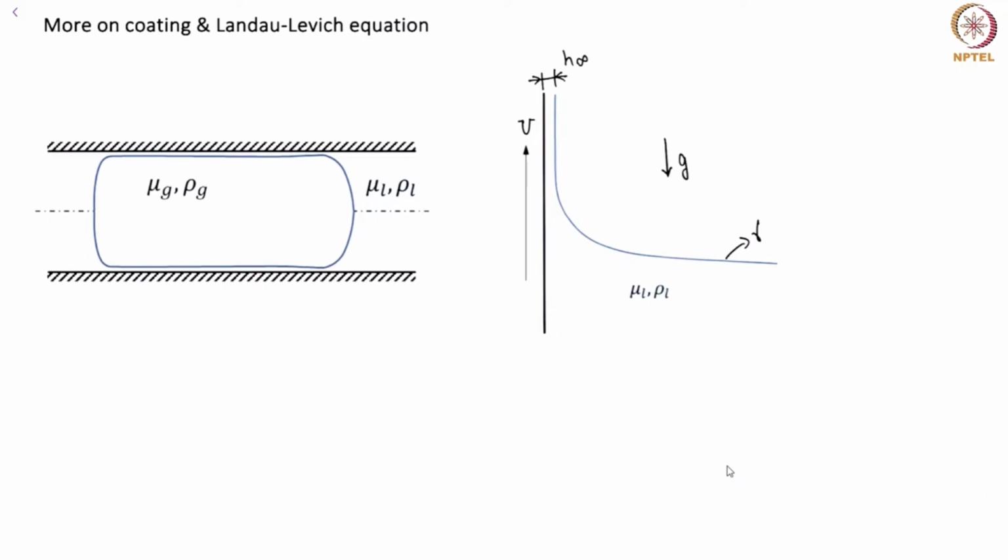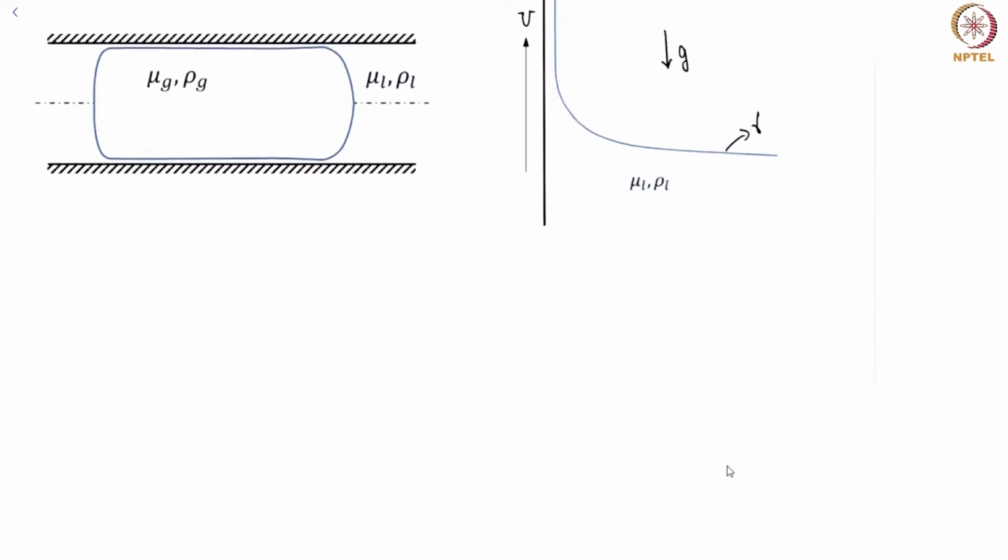Now, on the left panel, what you're seeing is a gas bubble displacing a viscous liquid as it moves through a tube. This problem was first addressed by Professor Bretherton in 1967 in Cambridge. Now, we've already seen the Landau-Levich flow on the right hand side.